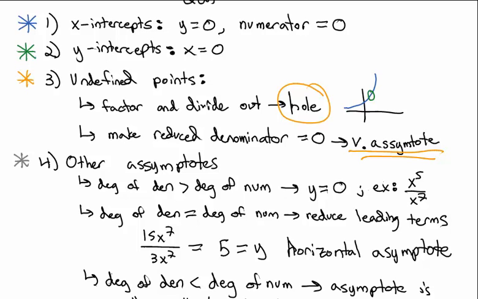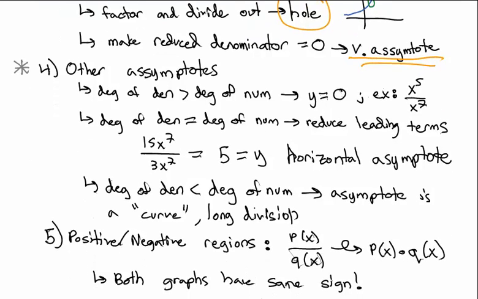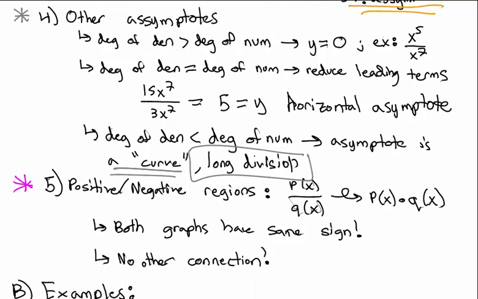It's going to be a horizontal asymptote if the denominator is greater than or equal to the numerator in terms of degree. We either reduce or end up with a 0. But in the rare event that the denominator has a smaller degree than the numerator, we have to use long division in order to find that curve that it's going to get close to. And finally, we found the positive and negative regions, and that helped us identify the signs of our rational function.